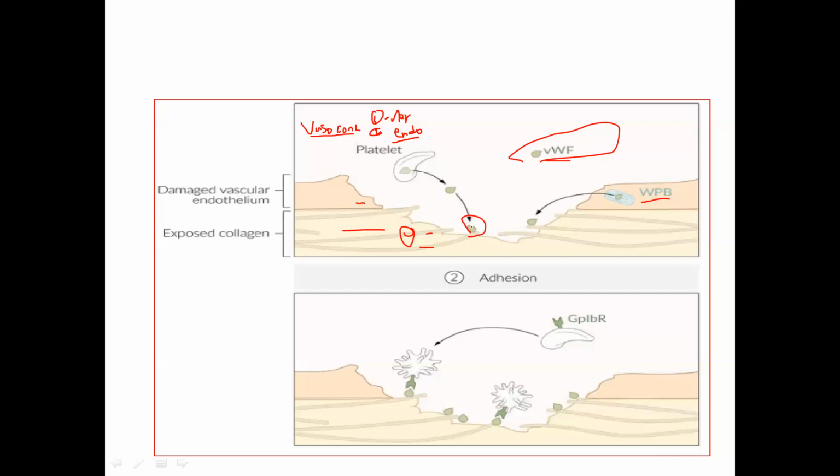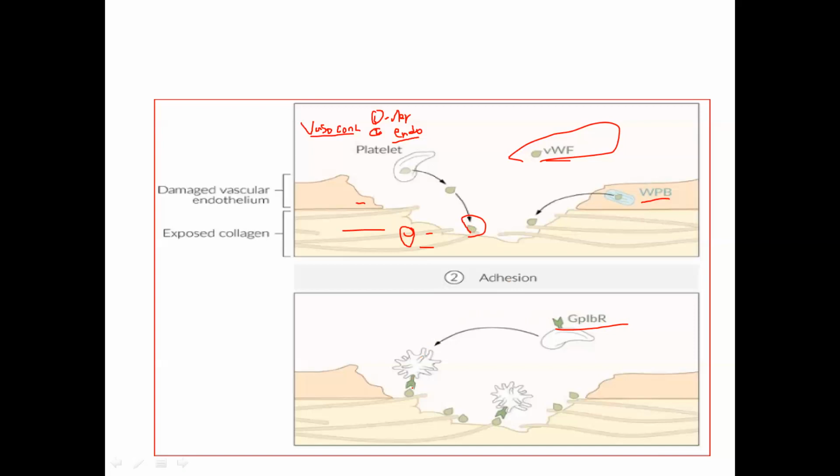So the platelets come into contact with the injured site through von Willebrand factor, by a receptor. There is a receptor in the platelet called the GP1B receptor, and this receptor is useful to have contact with von Willebrand factor.